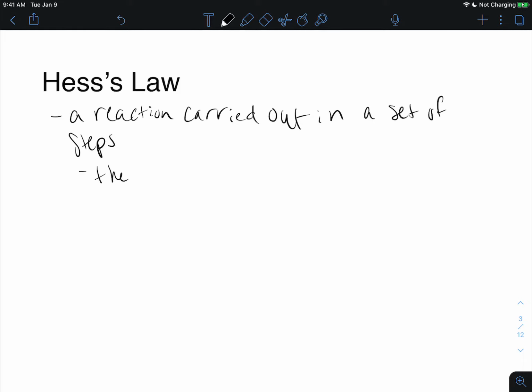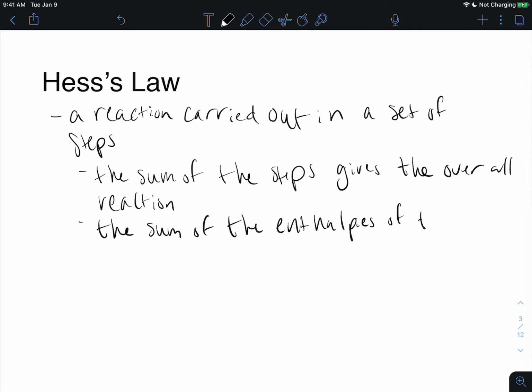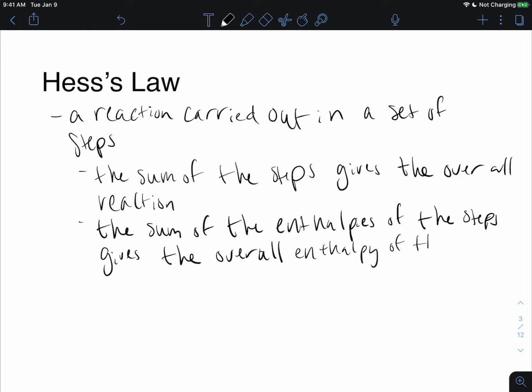So the sum of the steps gives the overall reaction, and the sum of the enthalpies of the steps gives the overall enthalpy of the reaction.